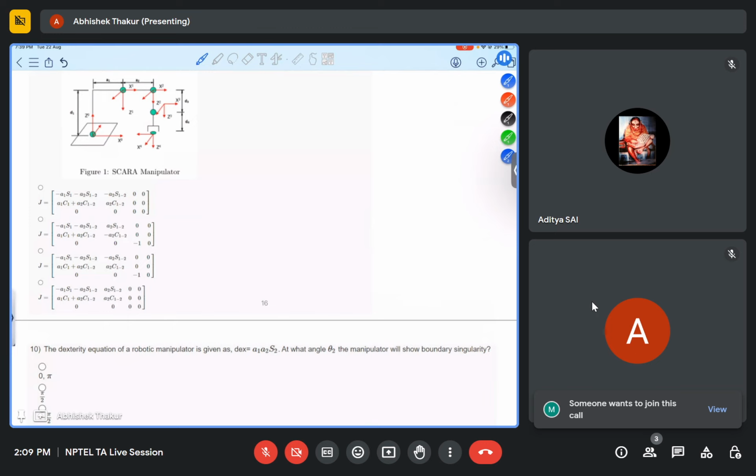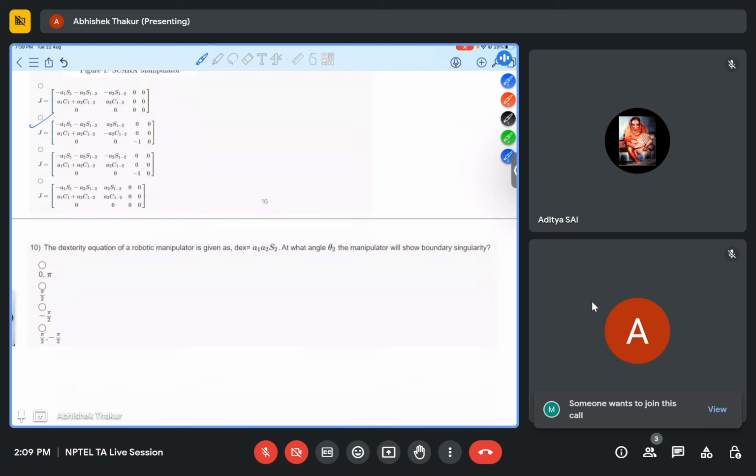In this, option B is the correct option. You can solve it how we have solved the above question.